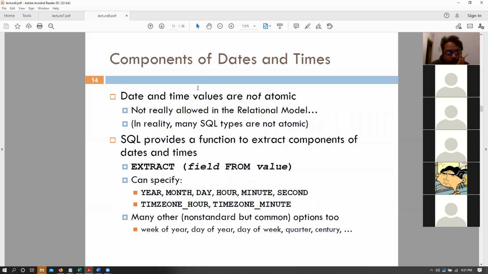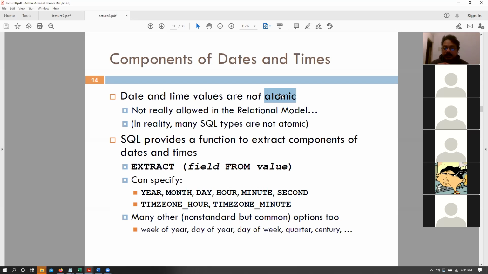Now, a couple more things about date and time. Remember that in the beginning of the entire semester, we talked about atomic values and atomic behaviors, right? We said that atomic attributes are attributes whose values you cannot change in part.